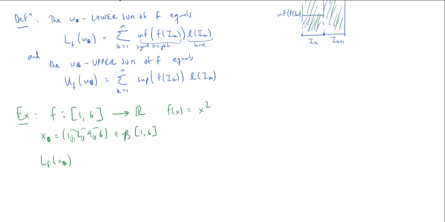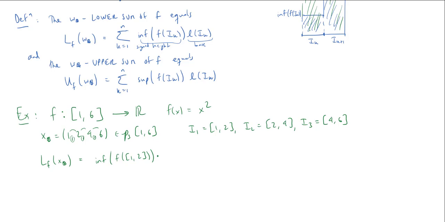So the lower sum is going to be given by, okay, my I_1 is equal to the interval [1, 2], my I_2 is equal to the interval [2, 4], and my I_3 is equal to the interval [4, 6]. So I need to take the infimum of f applied to this first interval, [1, 2], times the length of this interval.